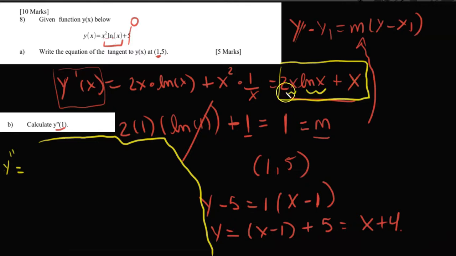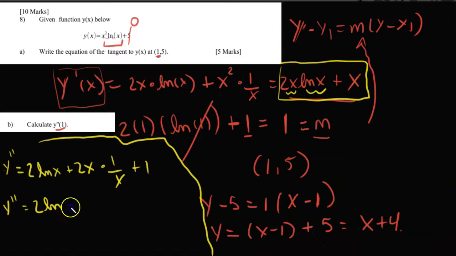So again, product rule, derivative of the first times the second plus the first times the derivative of the second. So derivative of the first is 2 times the second, ln x plus the first times the derivative of the second, 1 over x, and plus 1 for the second term. And simplifying, we get 2 ln x plus 2 plus 1 is 3.